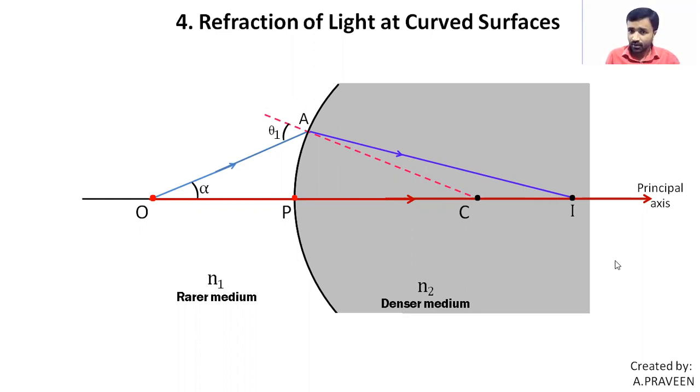Then here I am taking the angle of refraction for the refracted light ray, between the normal and the refracted ray, as theta 2. Okay. Then the angle made by the normal with the principal axis, I am taking as an unknown value beta.